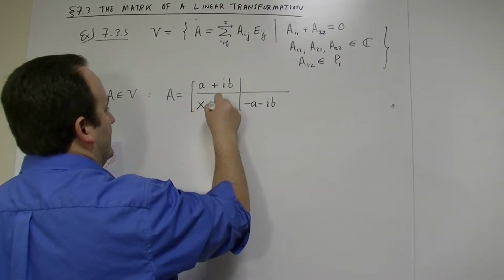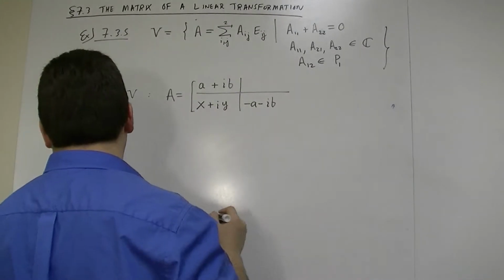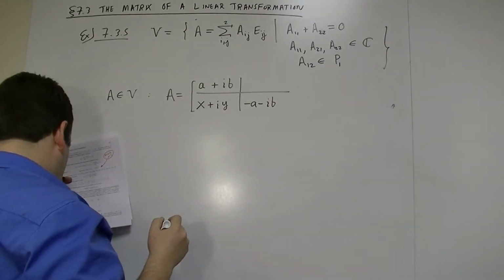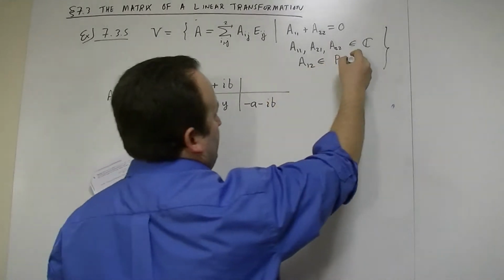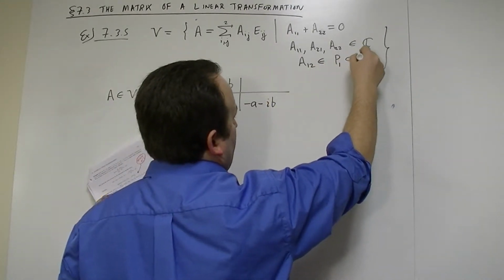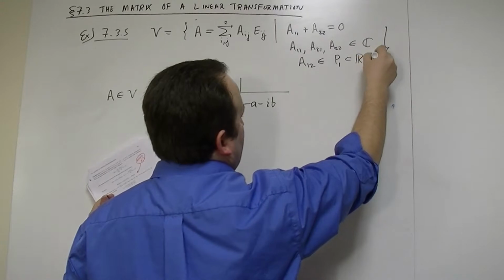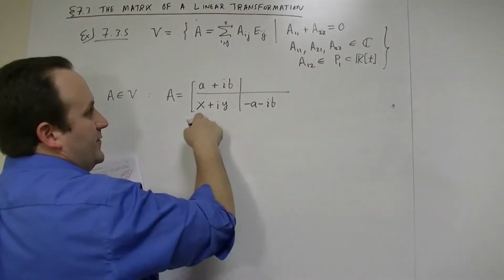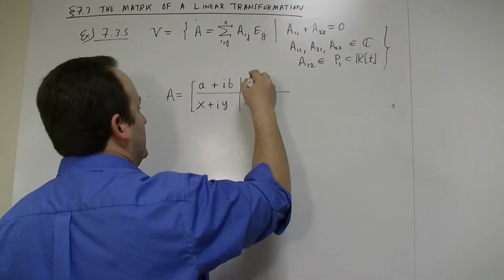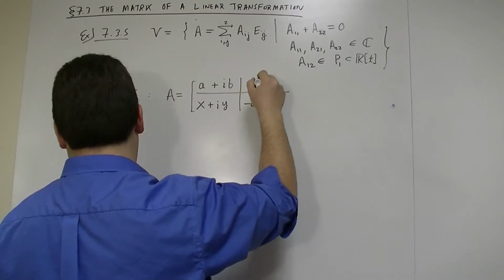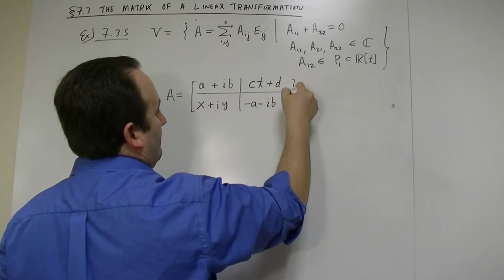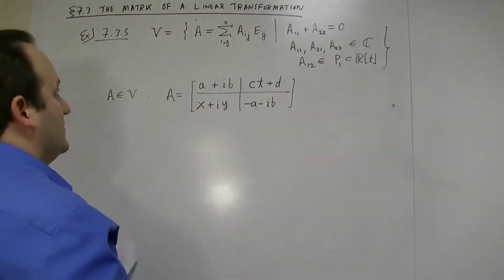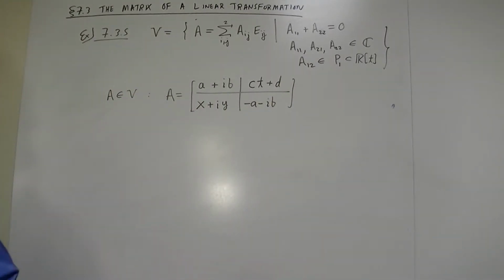And then up here, it's just a first order polynomial. I'm going to view it as a subset of the polynomials in t, since I used x in a different way already. But say c t plus d. So this is a generic element of V.